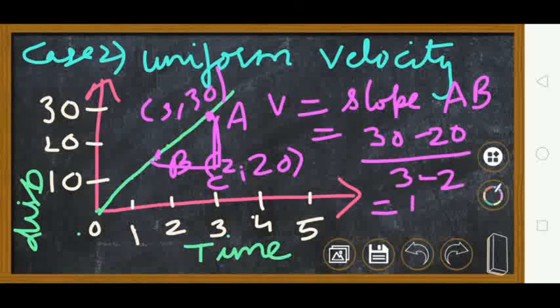That is 10 upon 2, which is equal to 5. So 5 meters per second is your velocity.